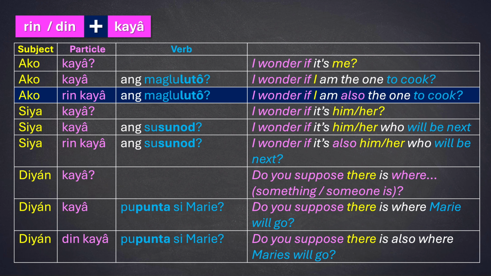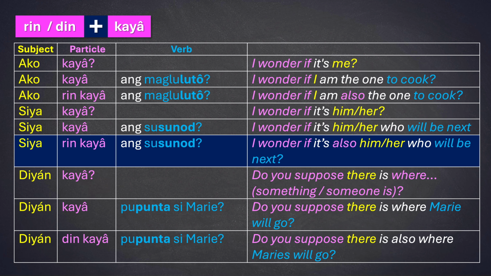Ako rin kaya ang magluluto? I wonder if I'm also the one to cook. Siya kaya? I wonder if it's him or her. Siya kaya ang susunod? I wonder if it's him or her who will be next. Siya rin kaya ang susunod? I wonder if it's also him or her who will be next.